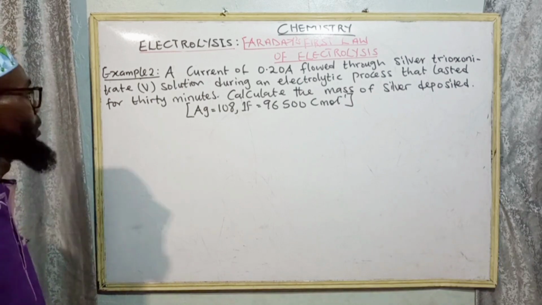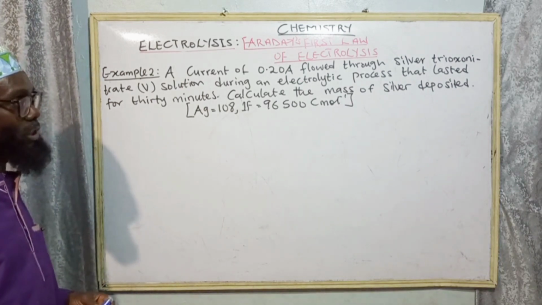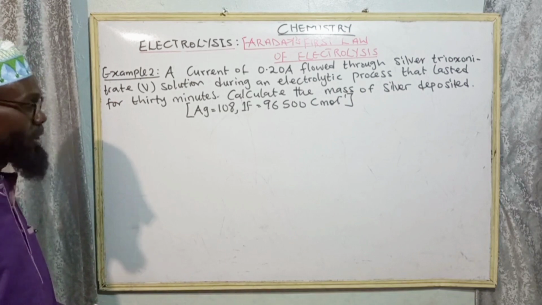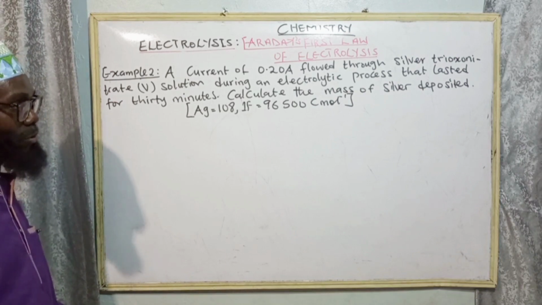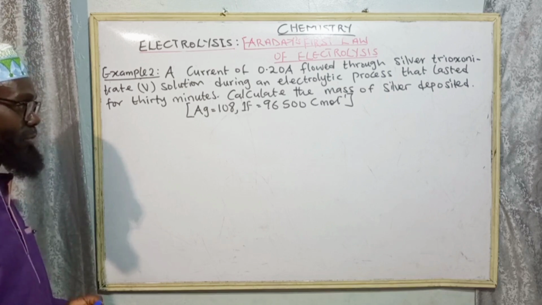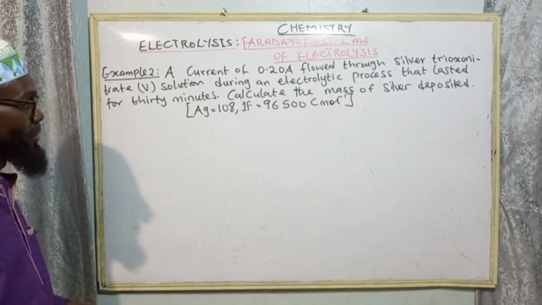Example 2. A current of 0.20 ampere flowed through silver(I) nitrate solution during an electrolytic process that lasted for 30 minutes. Calculate the mass of silver deposited. Fine.